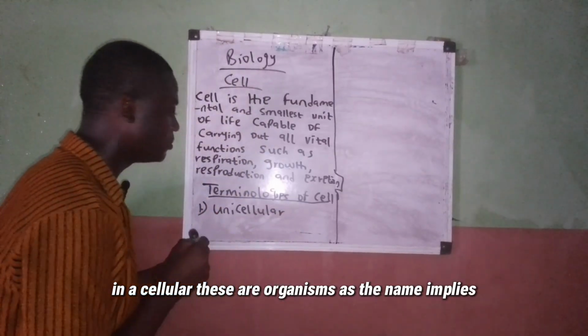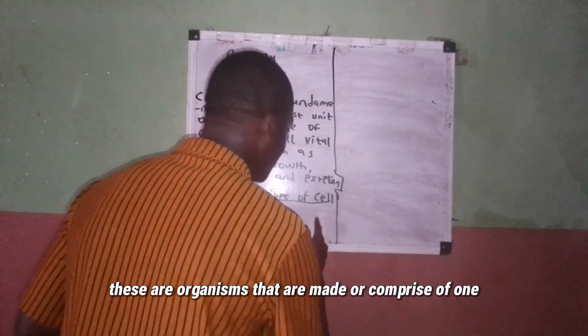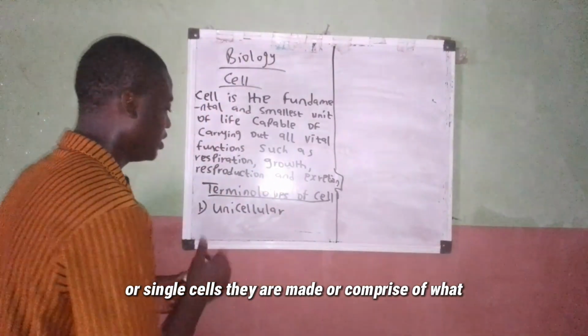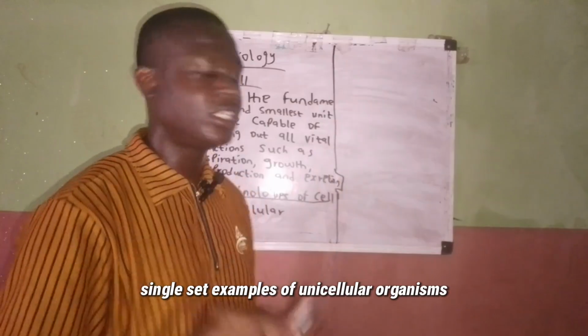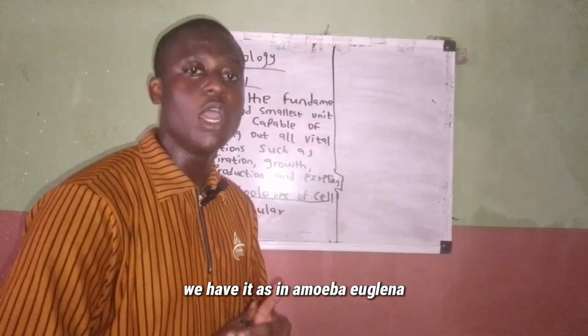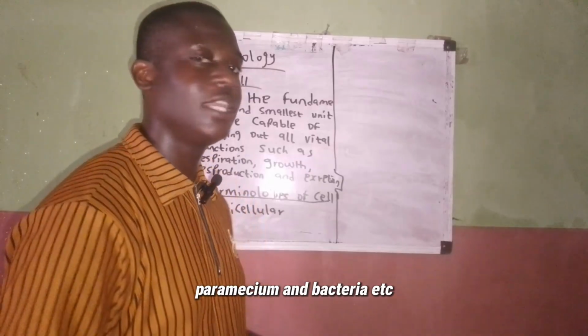Unicellular, as the name implies, are organisms that are made up of a single cell. They are made up of what? Single cells. Examples of unicellular organisms are Amoeba, Euglena, Paramecium, and bacteria, etc.